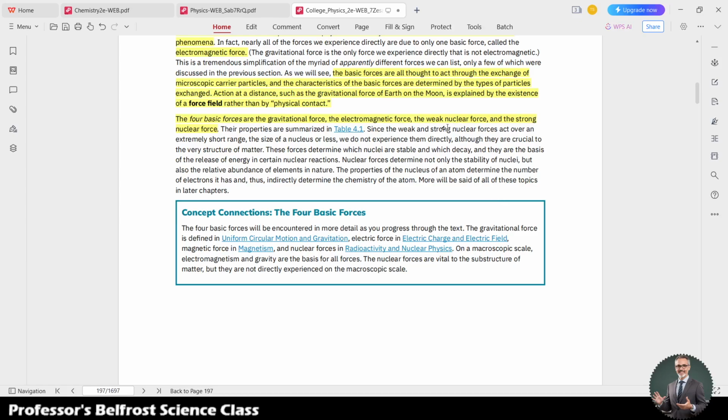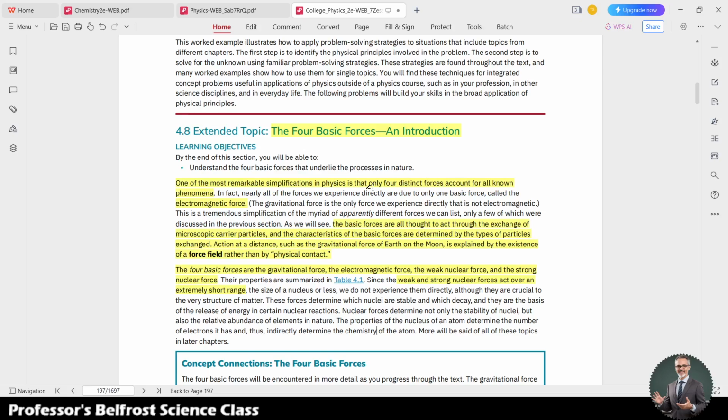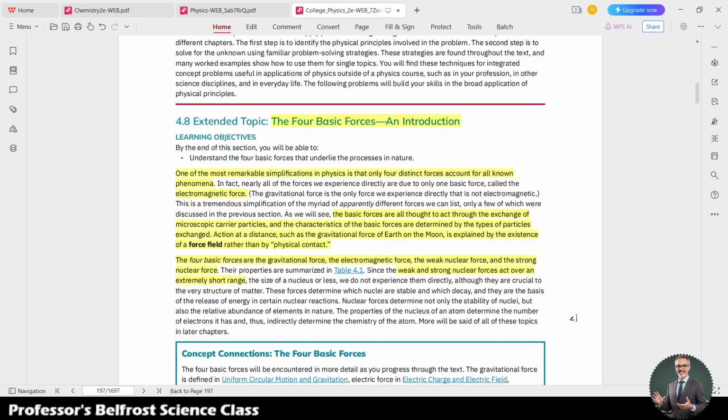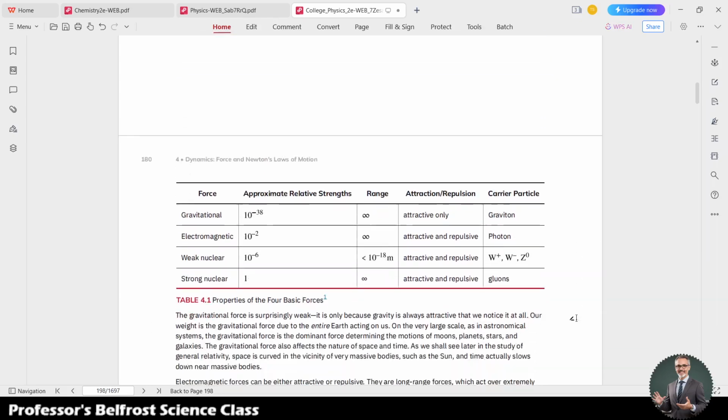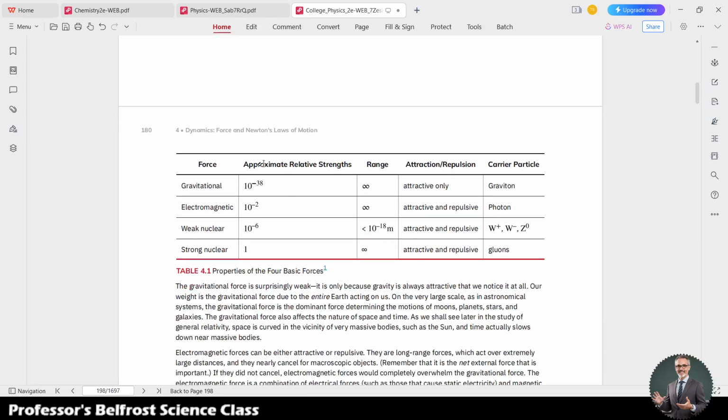Okay, weak and strong nuclear force act over an extremely short range. You can see the approximate relative strength and the range of each of these forces, and whether their direction is attraction or repulsion.